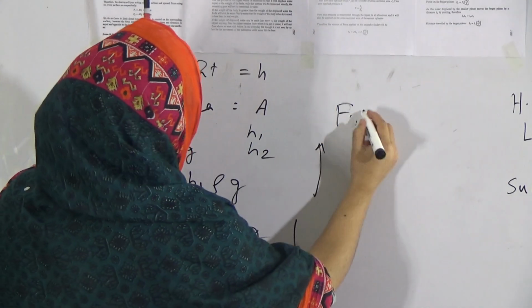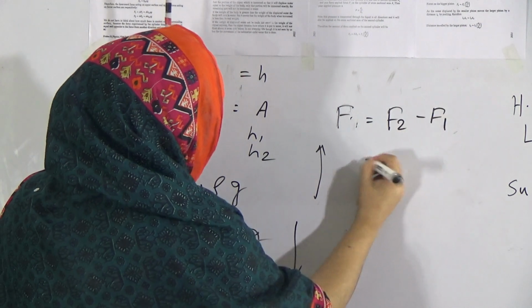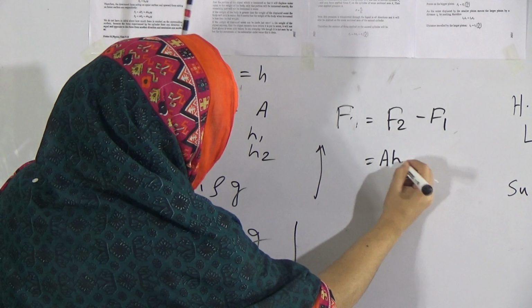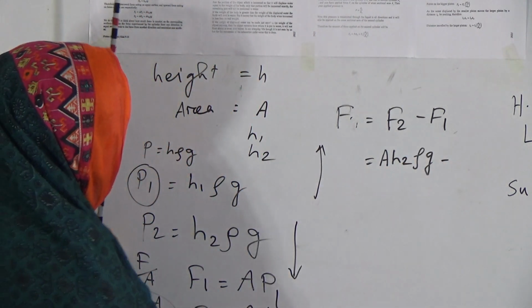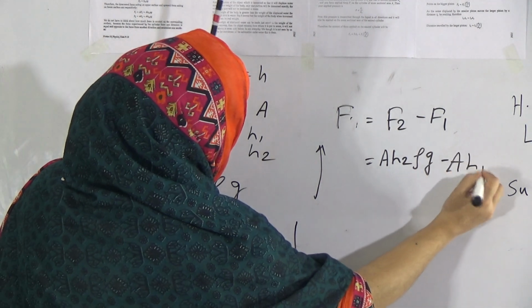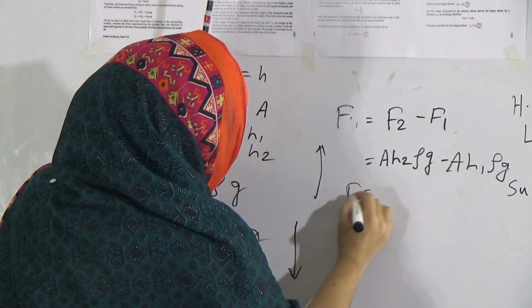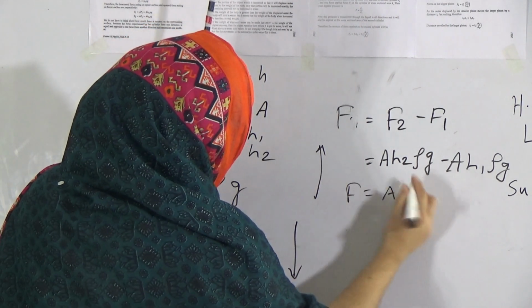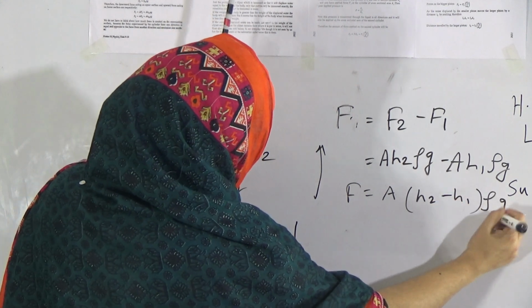So we can write F equals F2 minus F1. Now put the value: F2 means A h2 rho g minus F1 means A h1 rho g. From this we can write A into (h2 minus h1) rho g.